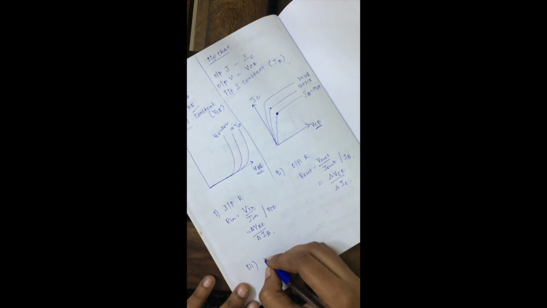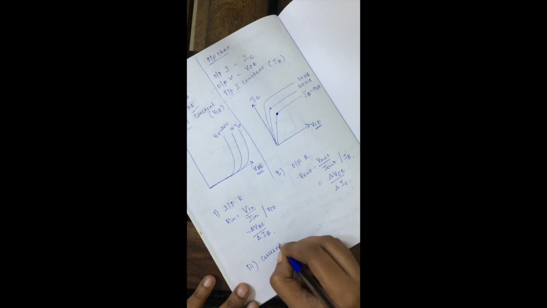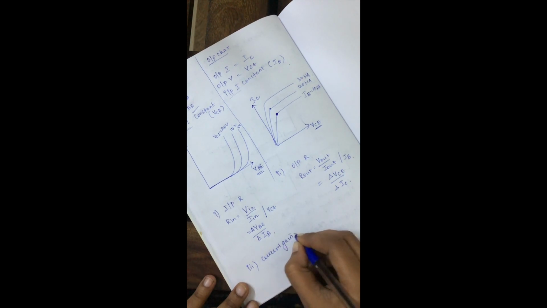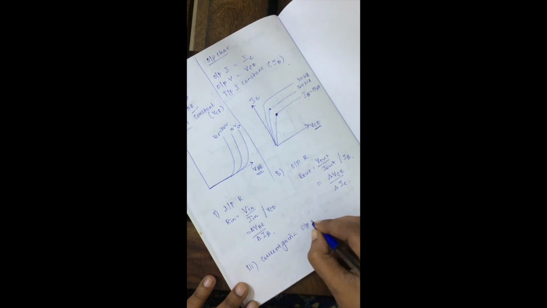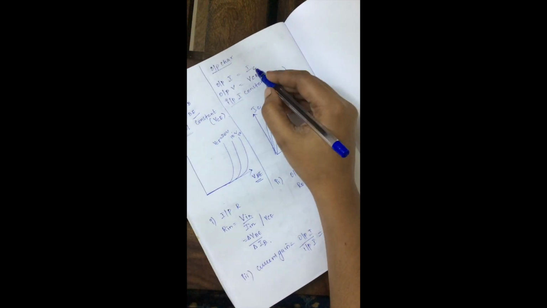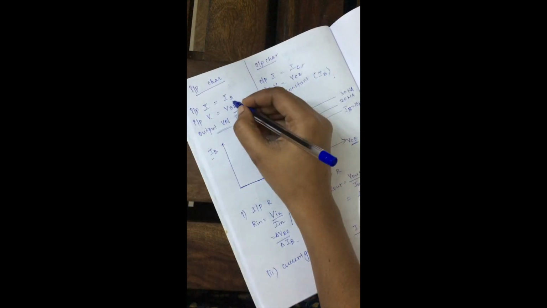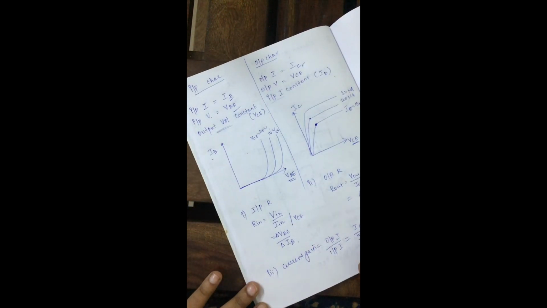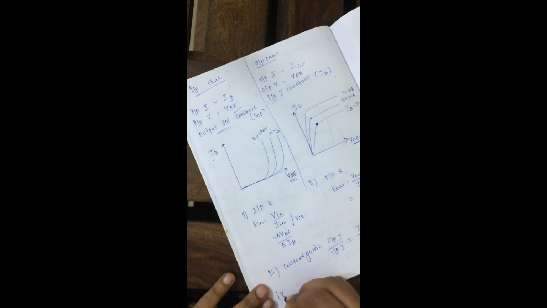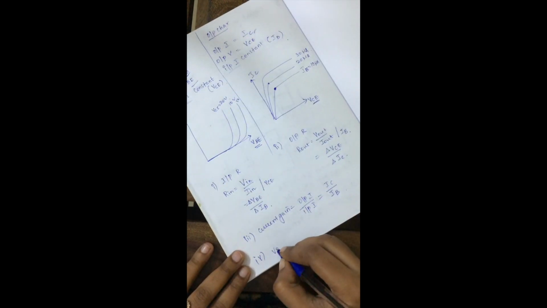Now let's calculate current gain. Current gain is output current by input current. What is output current? Output current is IC. What is input current? Input current is IB. Last is voltage gain.